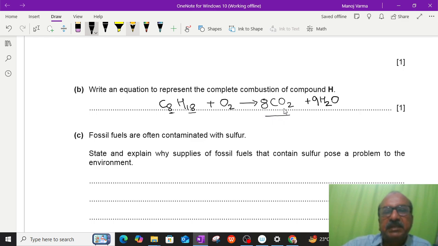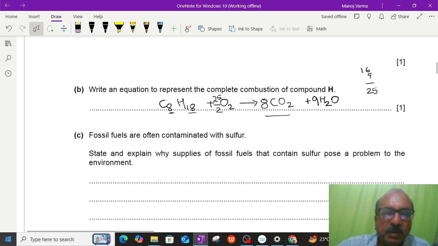So we have 16 and 9. So 16 and 9 becomes 25. So we have 25 oxygens, but it's O2. So if we write here 25 by 2, then this 2 will get cancelled and you will have 25. So this equation will represent the complete combustion of the compound H.